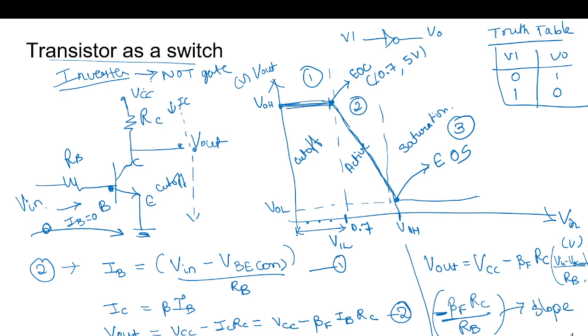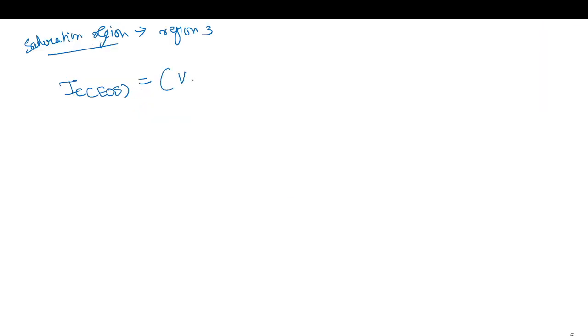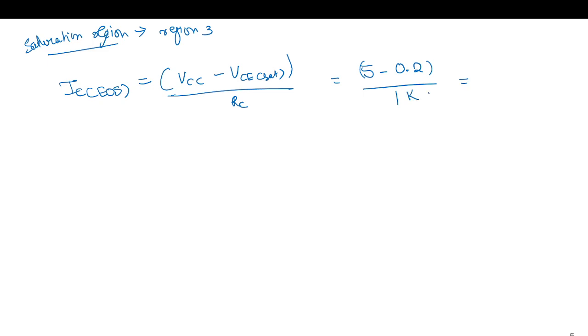So in this region, the IC at this end of the saturation region, you can see this current: VCC minus VCE saturation by RC. We assume VCE sat to be 0.2 for our hand calculation, and RC is 1 kilo ohm. Then it is 4.8 milliampere.